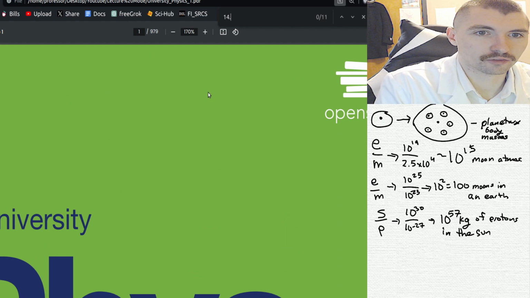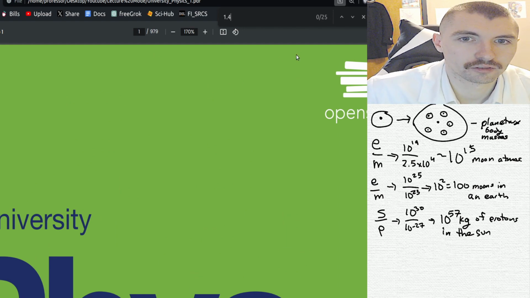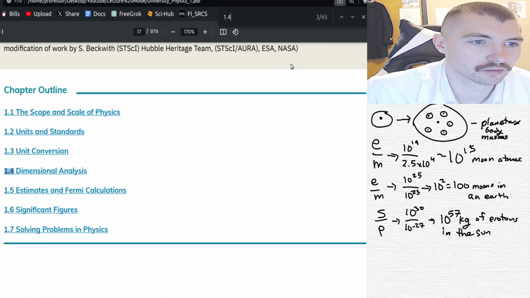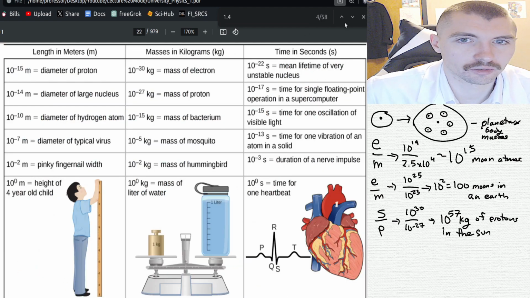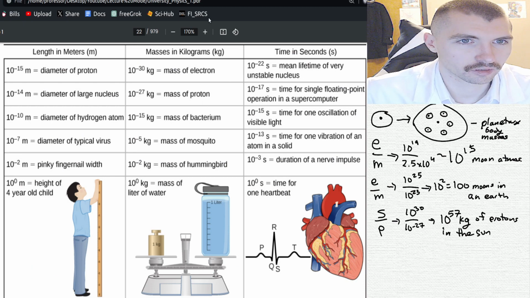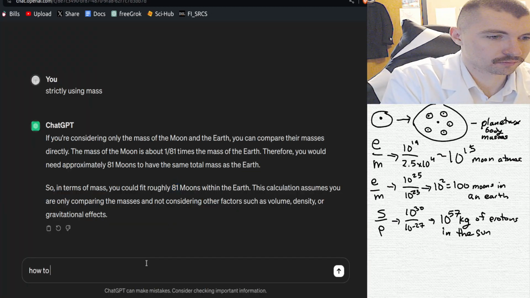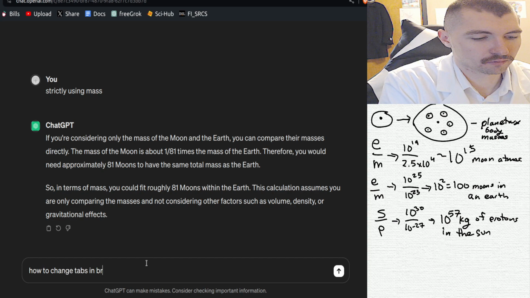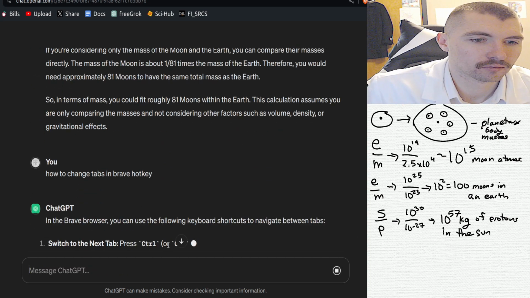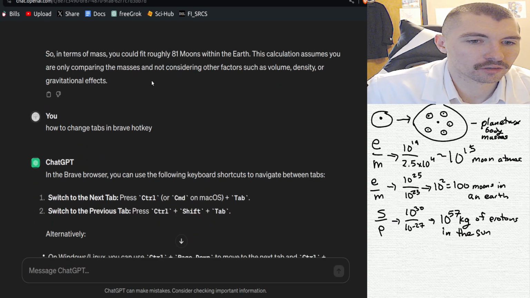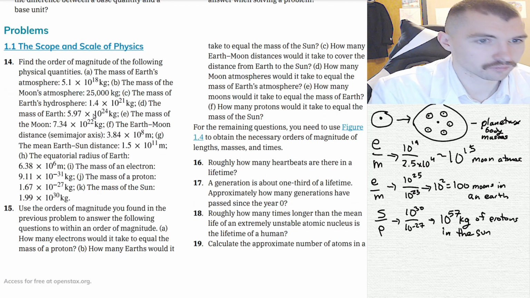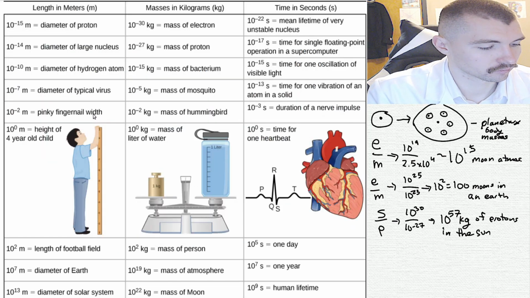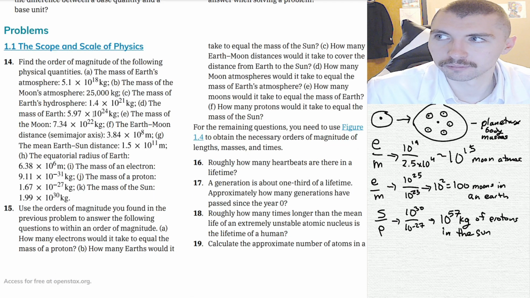Uh, 1.4. Okay, so it wants us to use this. Control tab, Control Shift tab. All right.